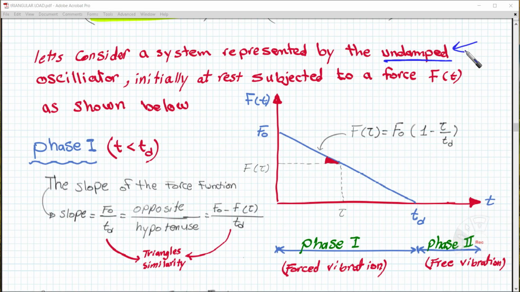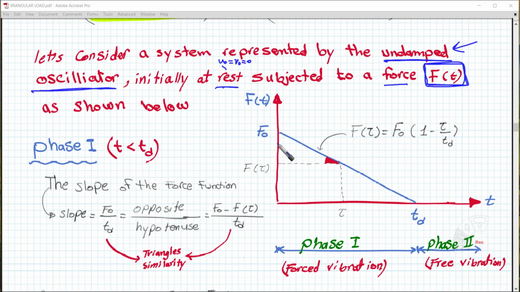We're talking about an undamped system. Damping is zero. Undamped system or oscillator, initially at rest. Initially at rest means that we have U node equal to V node equal to 0, right? Subjected to a force f of t. This is the force function that we're going to talk about, as shown below.